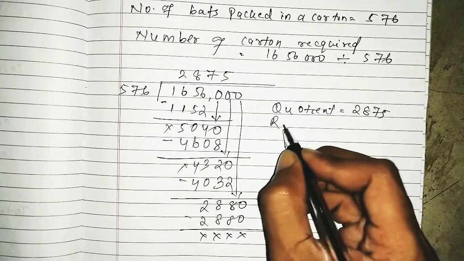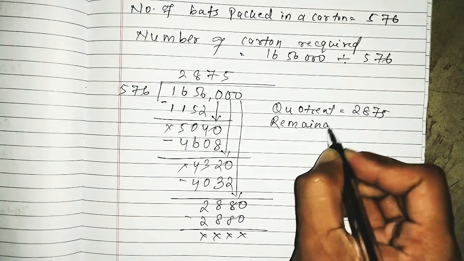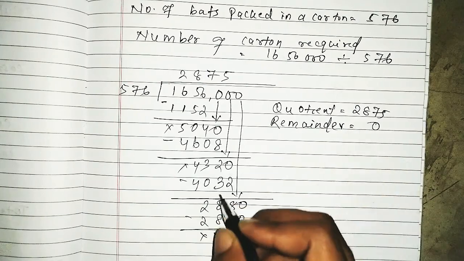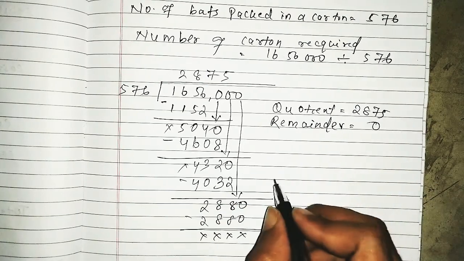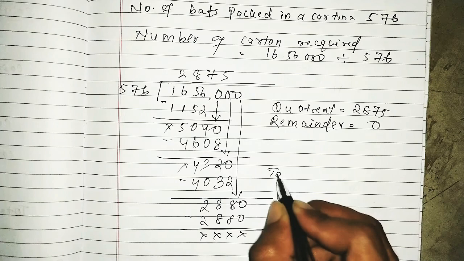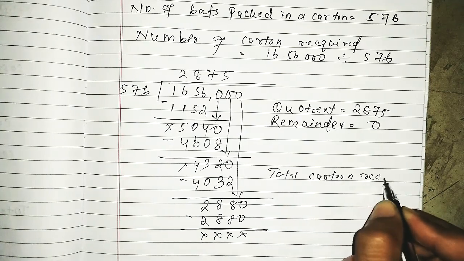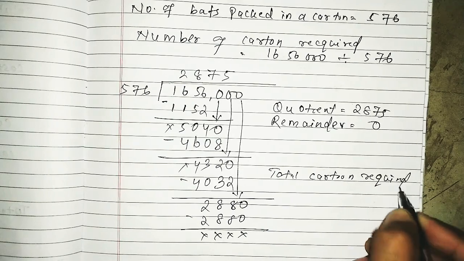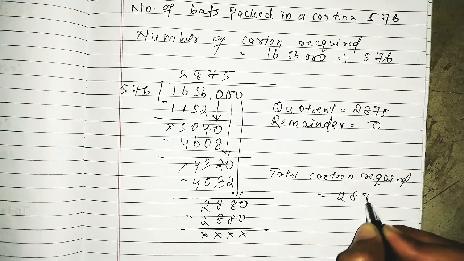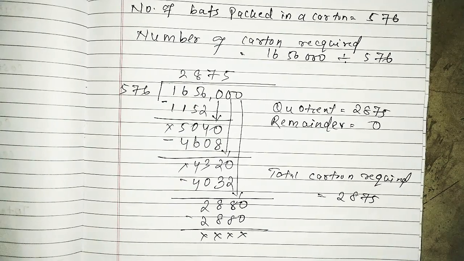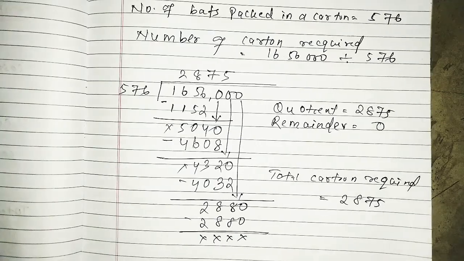What is the remainder here? 0. So the total cartons required is 2,875. Clear? Let's move to the next question.